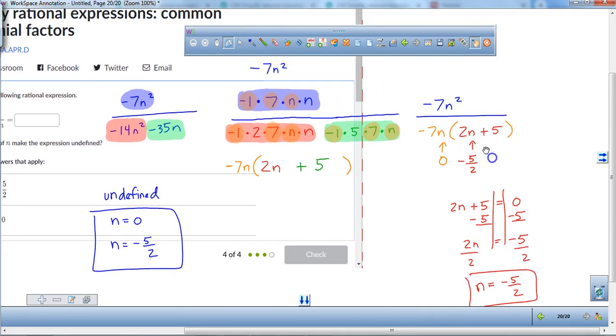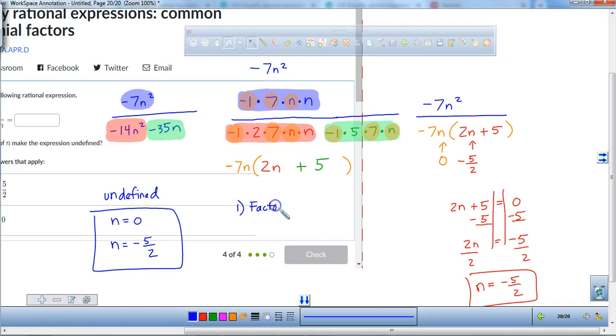That's the first thing I do, is I figure out what numbers make the denominator equal to 0. So step 1, what did I do? I factored out what's called a common factor.